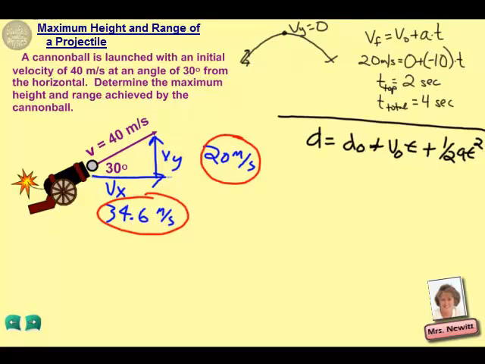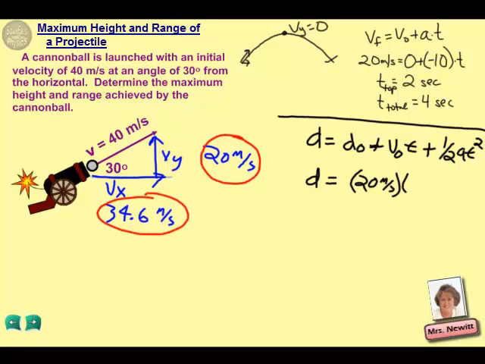Okay, so we're now ready to find the height that this cannonball reached. We have our displacement, our distance formula here. So we're going to be solving for d. Okay, our initial distance is 0. We started on the ground, but we did have an initial velocity in the y direction of 20 meters per second. And we'll multiply that by our time.